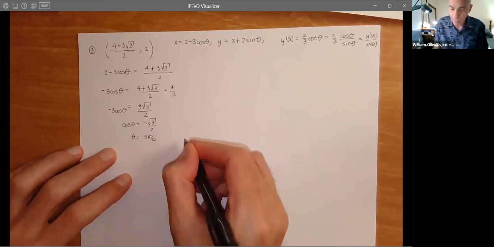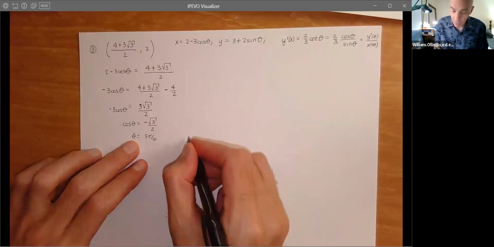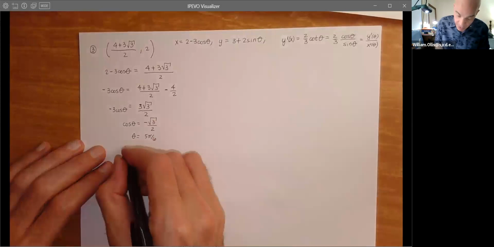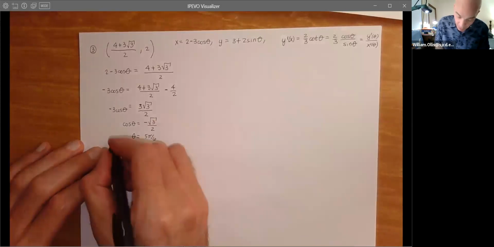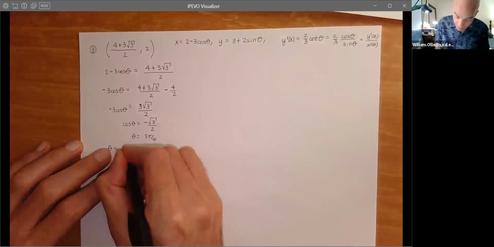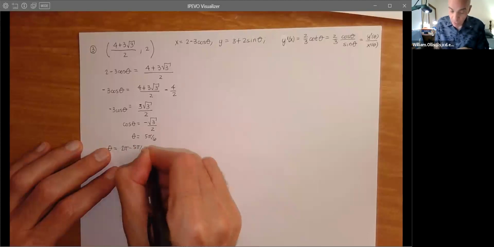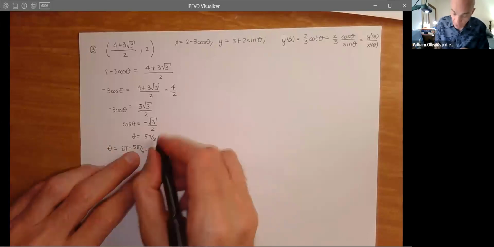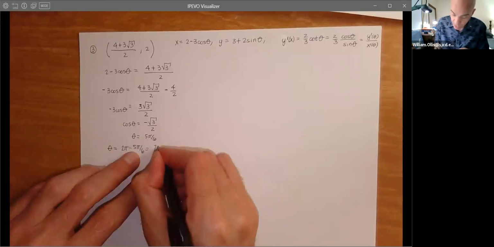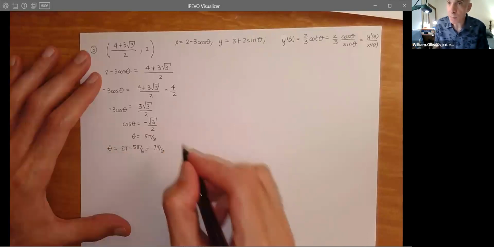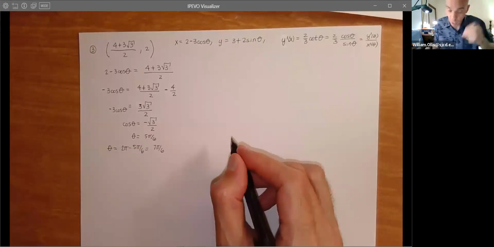But now, of course, by Professor Ron's lemma, there are other zeros too. So another theta would be 2 pi minus 5 pi over 6, and that would just be a 12 minus a 5. So that gives us 7 pi over 6, at least in 0 to 2 pi. That gives us a little more flexibility with the parameter value.